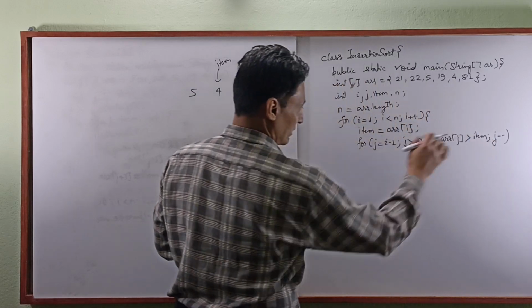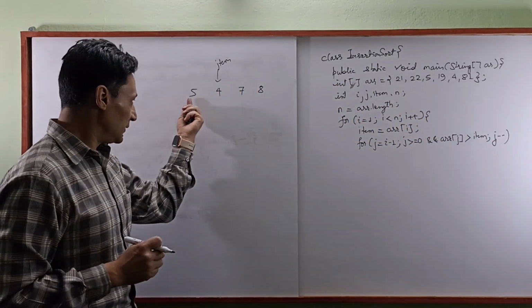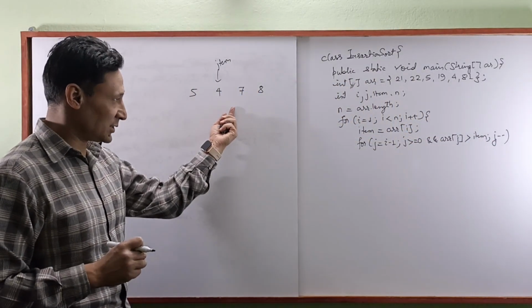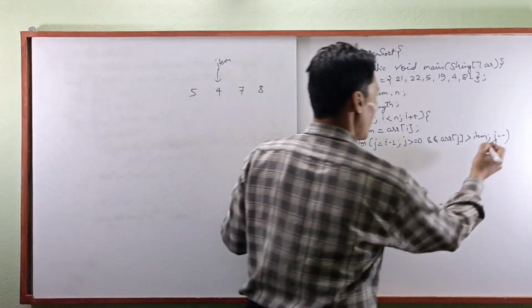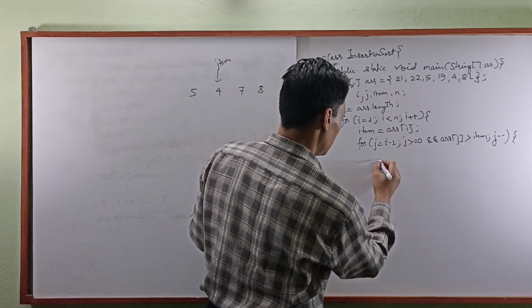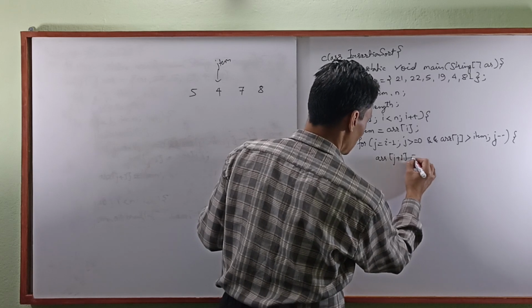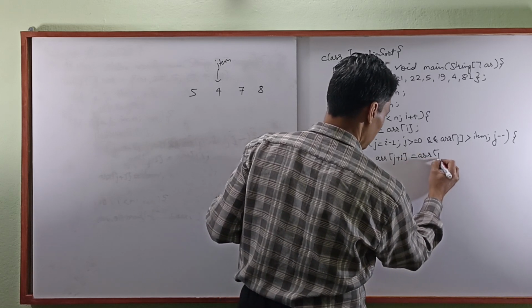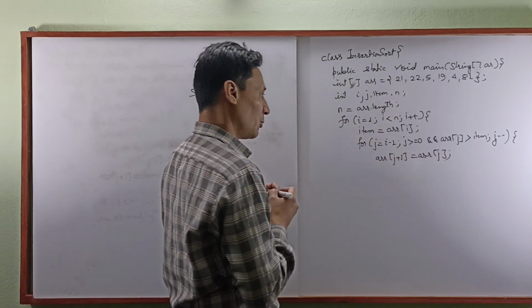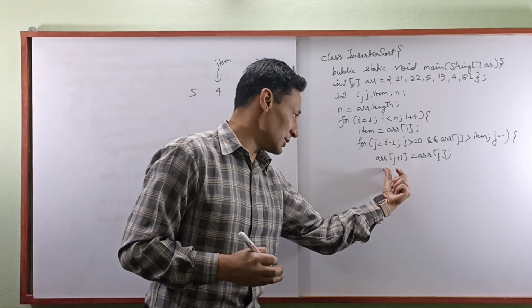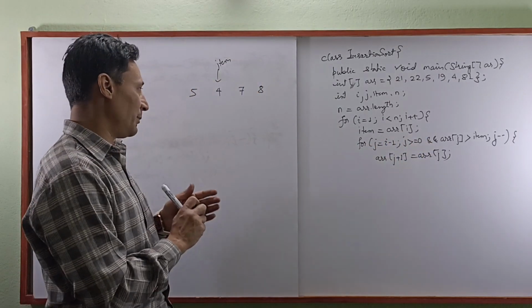If this element is greater, then we have to shift. So what we do here is arr[j plus 1] is equal to arr[j]. So what this for loop does is it will shift the elements.